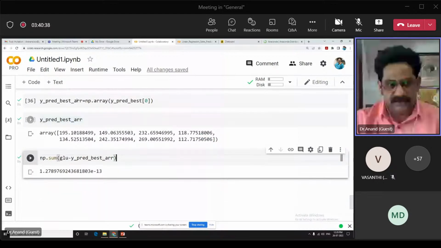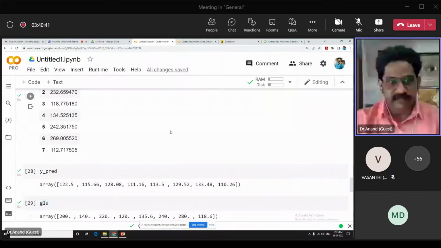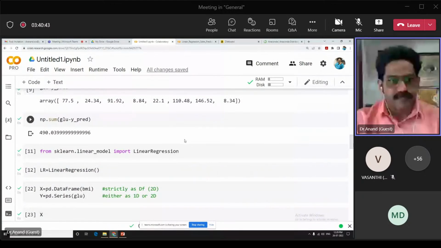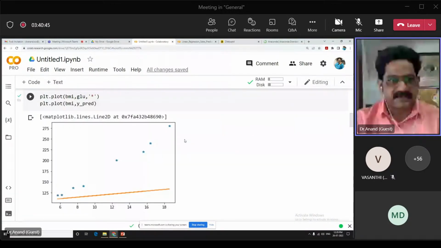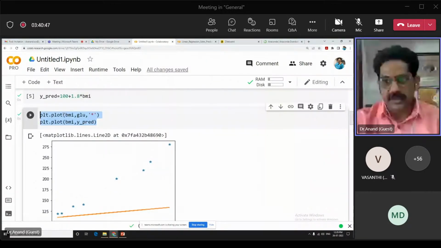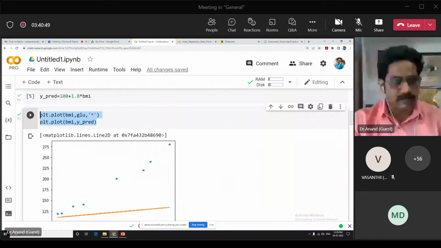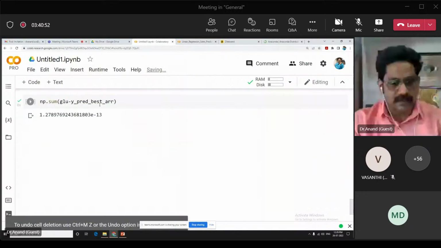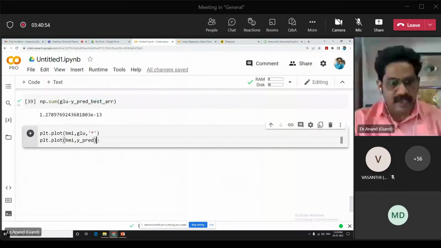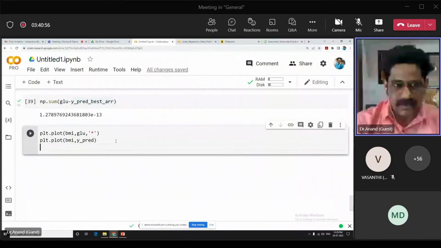Now I wanted to visualize this. Okay, let us visualize this. To visualize this, let me copy paste this line. Let me delete this and put it here. Already we have plotted this y pred, right?